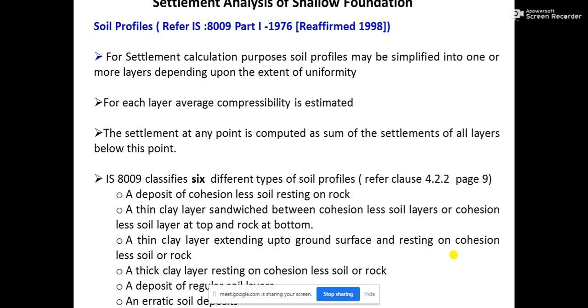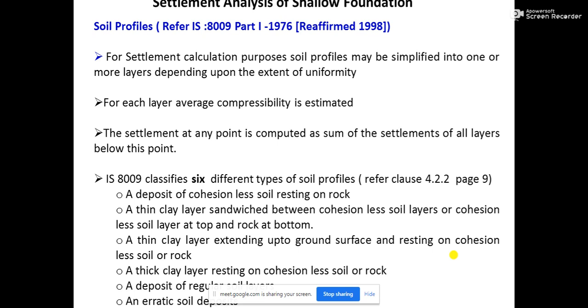That means whatever the considerations of 1976, those considerations are being kept as they are, and it has been reaffirmed in 1998, and that is the code I have sent you also.